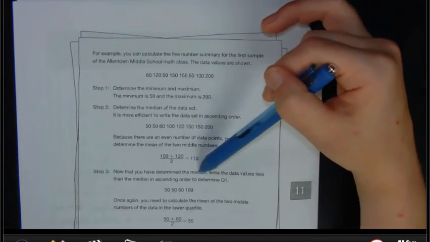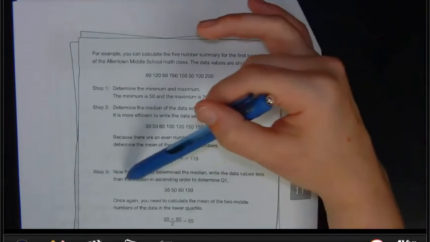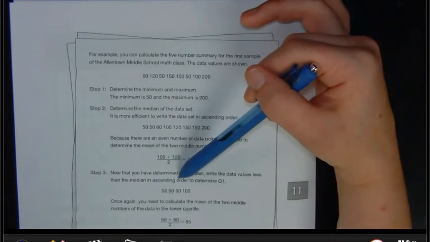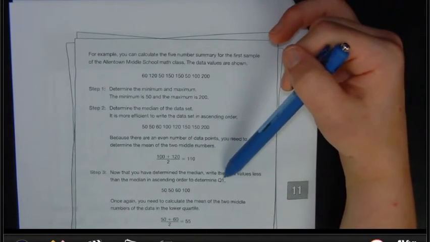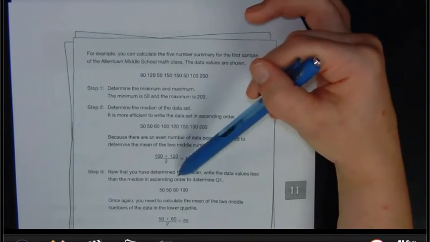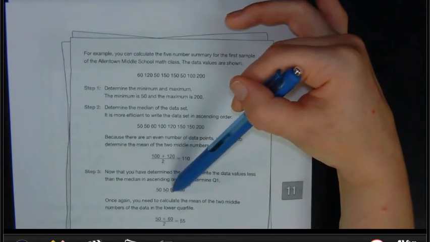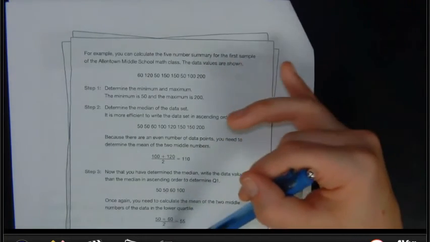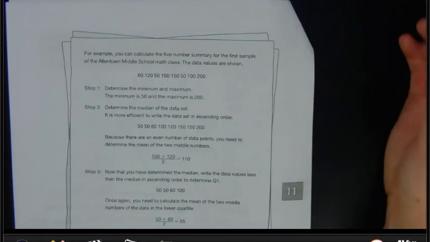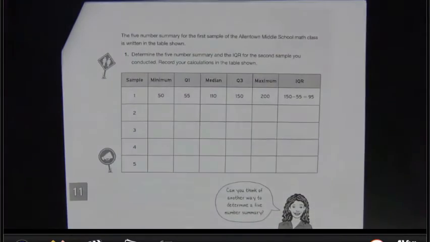And now that you've determined the median, write the data values less than the median in ascending order to determine Q1. So I'm going to take 50 to 100, and I'm going to get between 50 and 60 again. So I'll have to divide to get to 55. And I'm going to do the same thing for the upper quartile, quartile 3, to get me to 150. Okay.